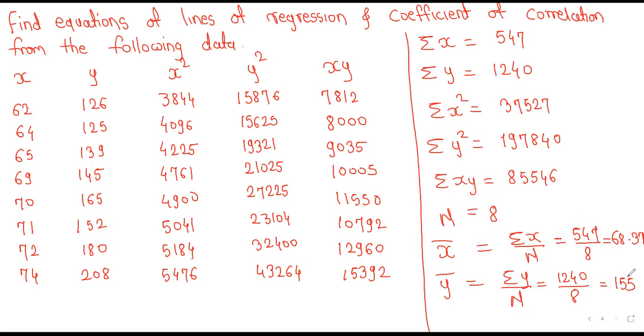Yes, very good. Now by using all these values, first of all we find coefficients of regression, that is byx and bxy. Then we find the lines of regression of x on y and y on x. So first of all we find byx.